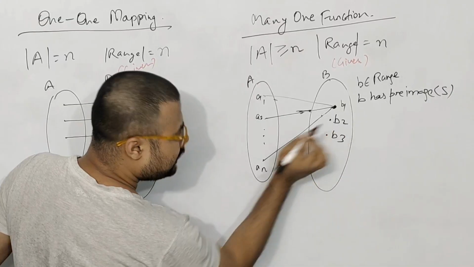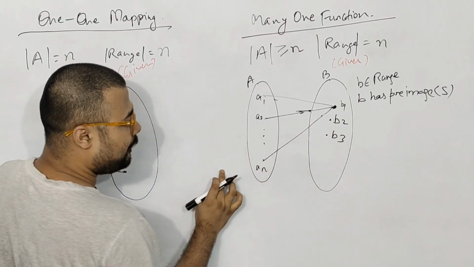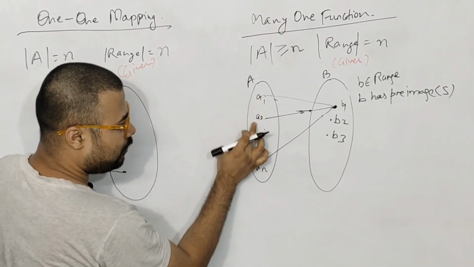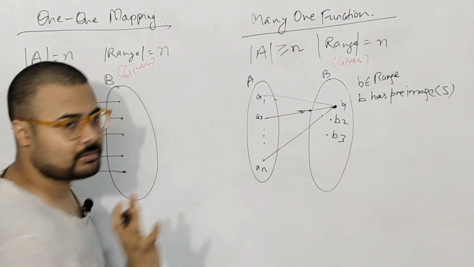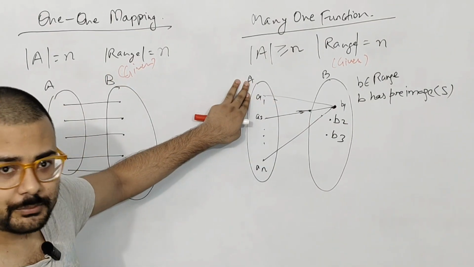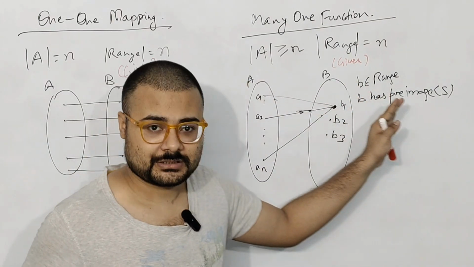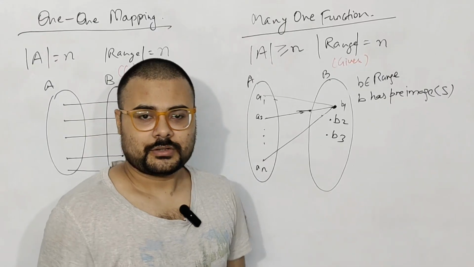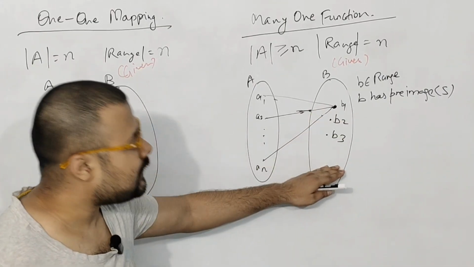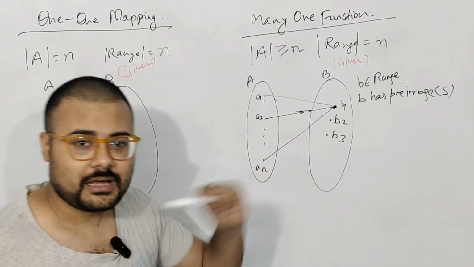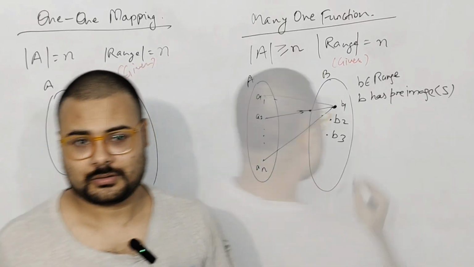So B2 will not be mapped to A1 or A2 or An. If B2 has a pre-image A1, it means that A1 has two images.